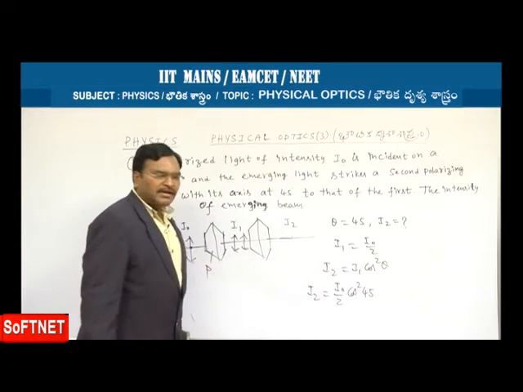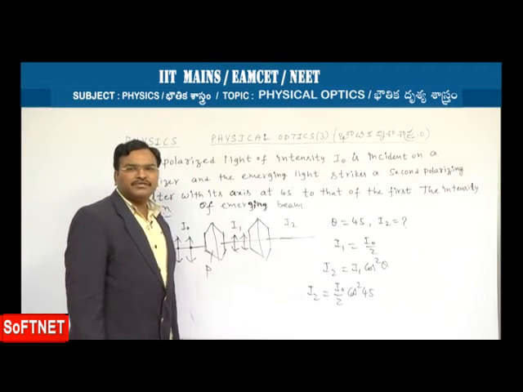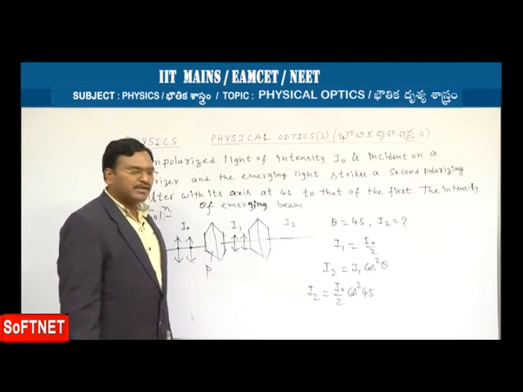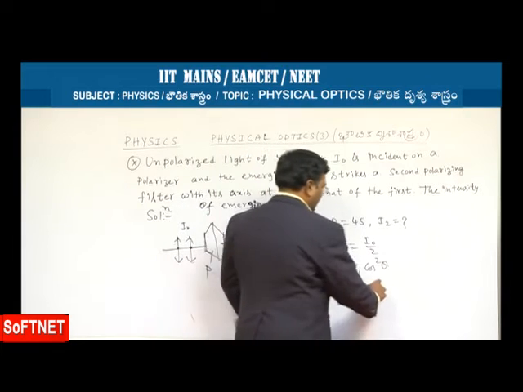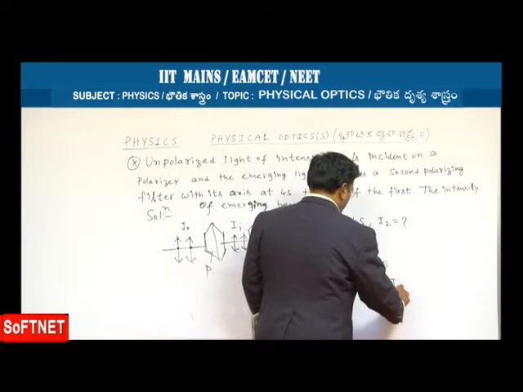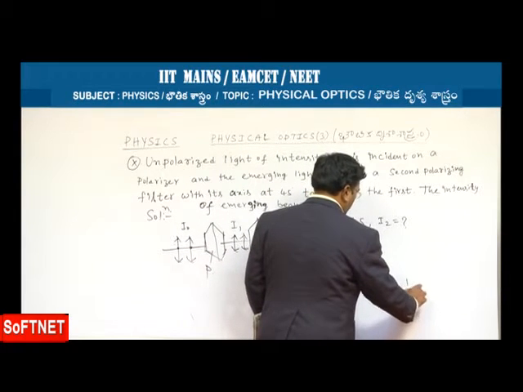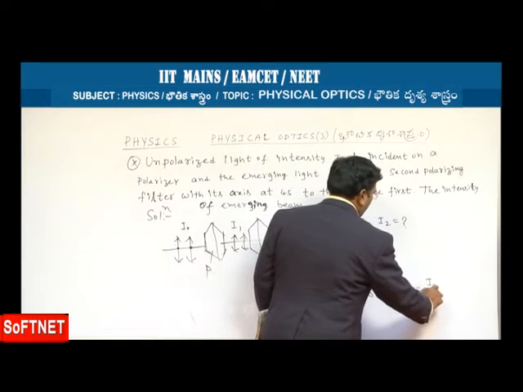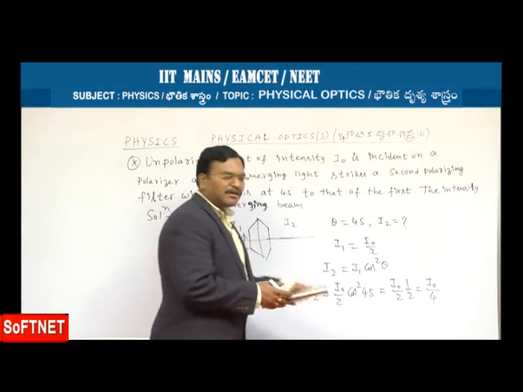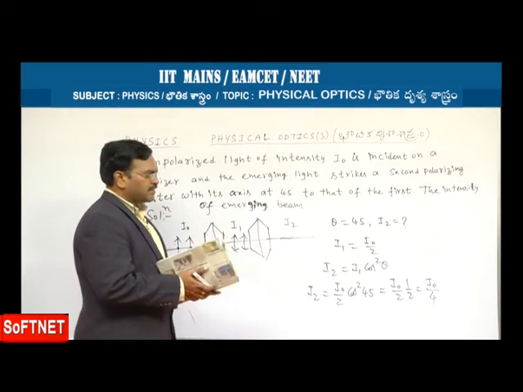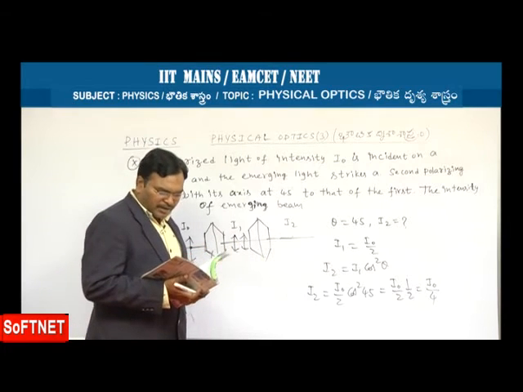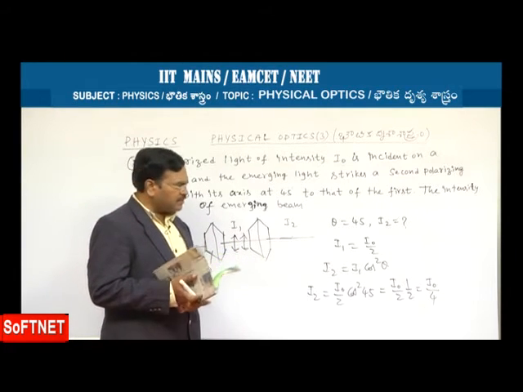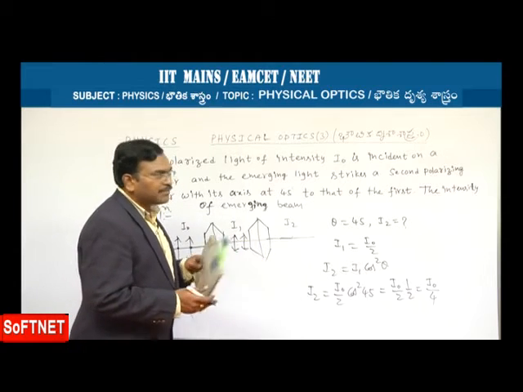Cos 45 is 1 by root 2, so cos square 45 is 1 by 2. So we get I naught by 2 into 1 by 2, which is I naught by 4. That is the answer. Among the options I naught by 2, I naught by 4, I naught by 3, I naught by 4 is correct.